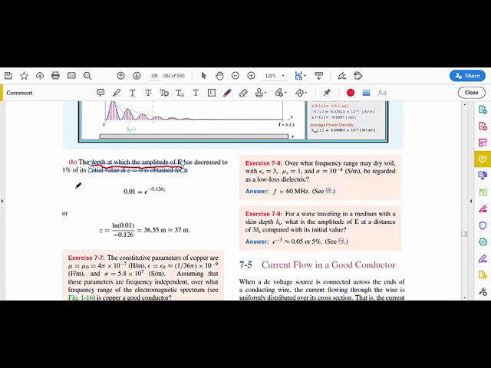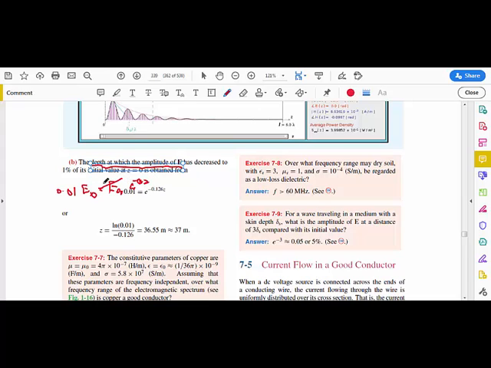That means we need to find where 0.01, which is the 1%, multiplied by the maximum Ex naught, is equal to Ex naught for the amplitude multiplied by exponential minus alpha z.